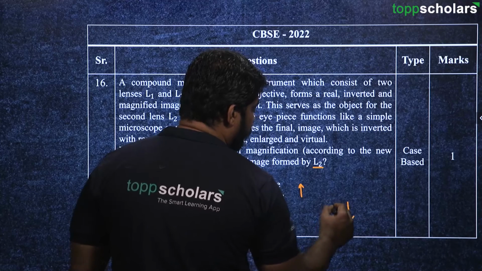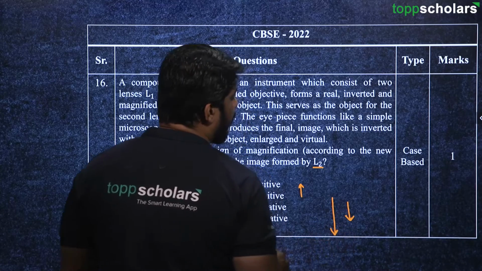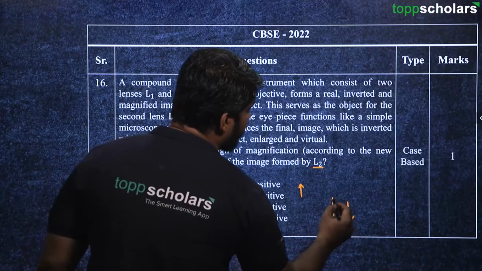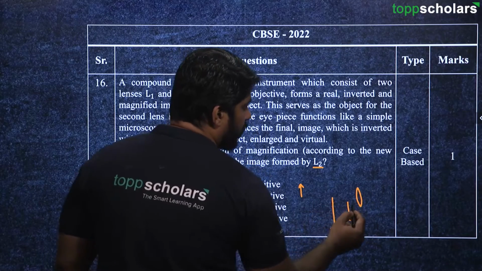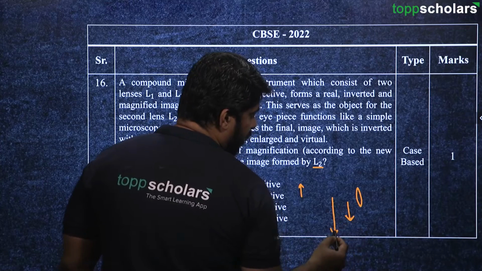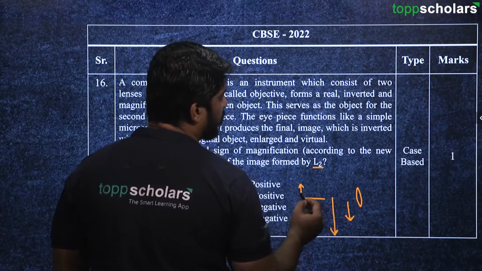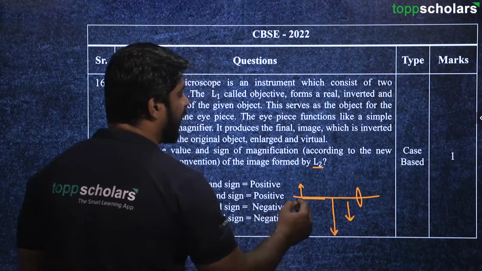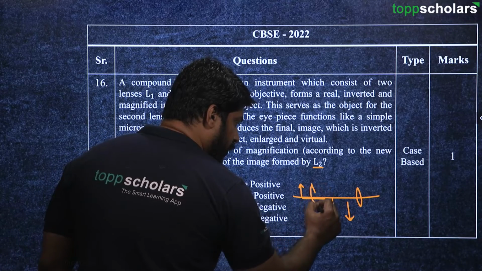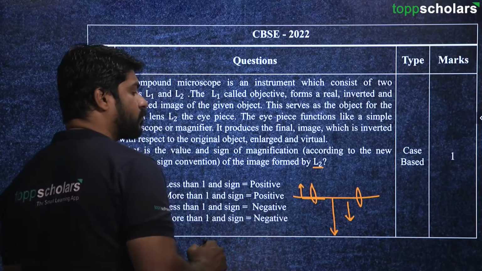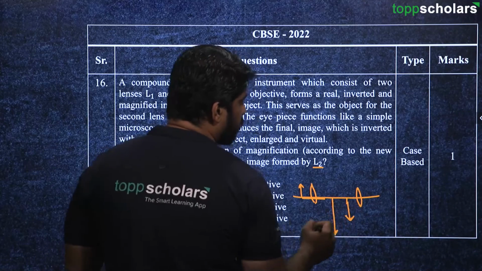So in that case a virtual, magnified image is formed. So the final image is here. For this eyepiece, this works like an object and this works like an image. It's a virtual image and this is the principal axis. Here is the objective lens, this is the eyepiece, and this is generally the situation.